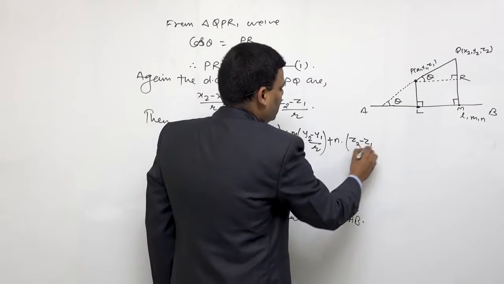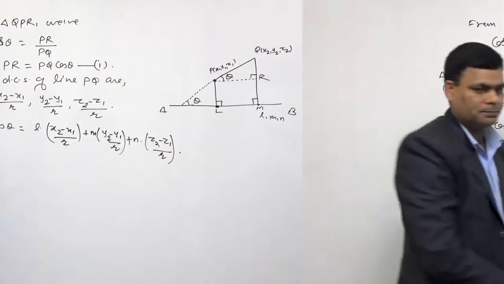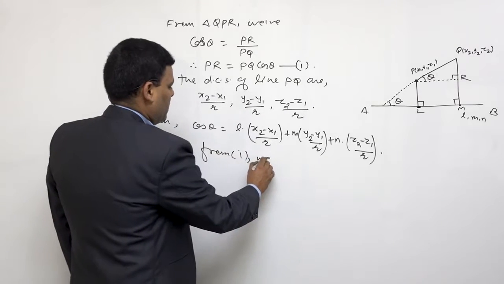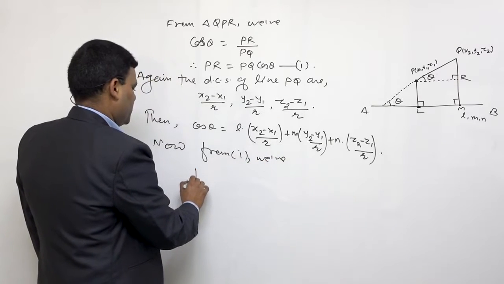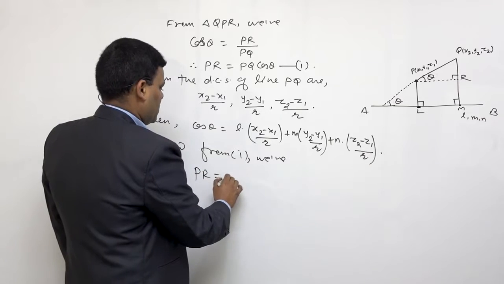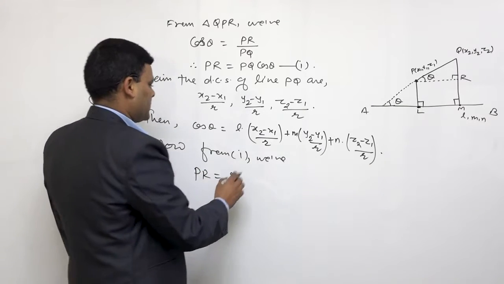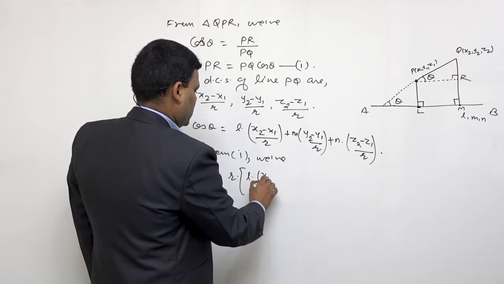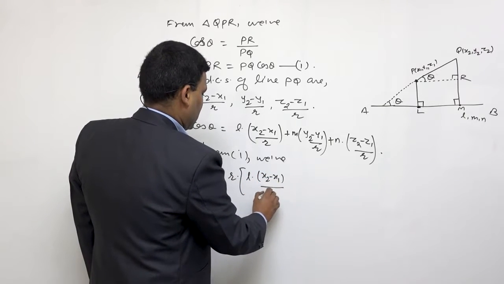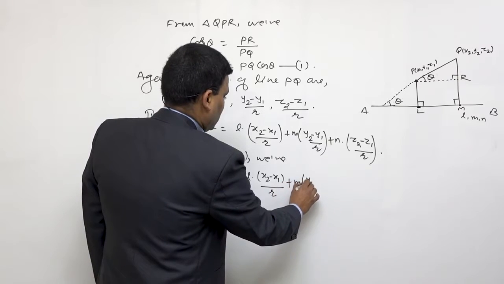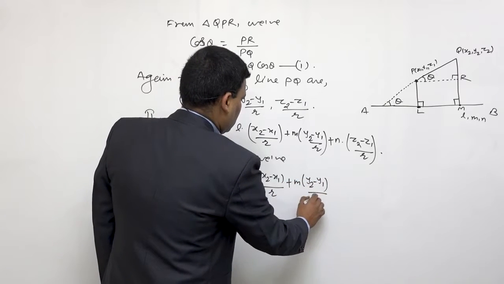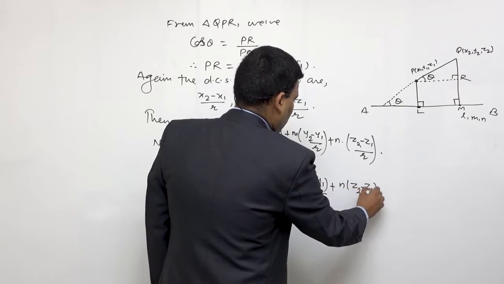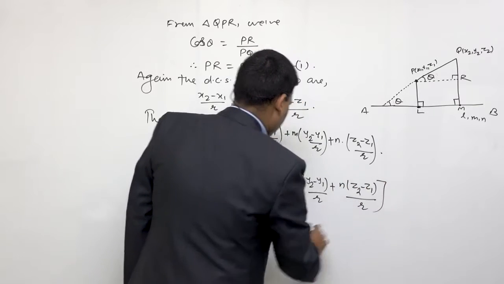Now from 1 we have PR equals PQ, which is r, times the value of cos theta, so l into (x2 minus x1) by r plus m into (y2 minus y1) by r plus n into (z2 minus z1) by r.